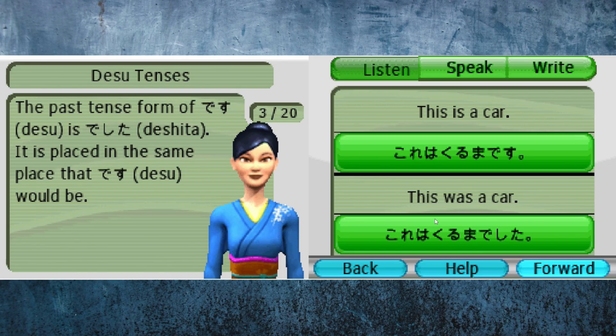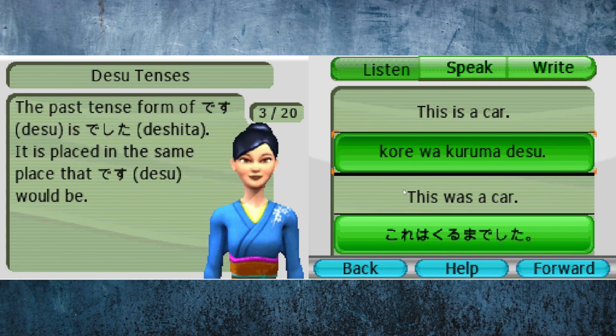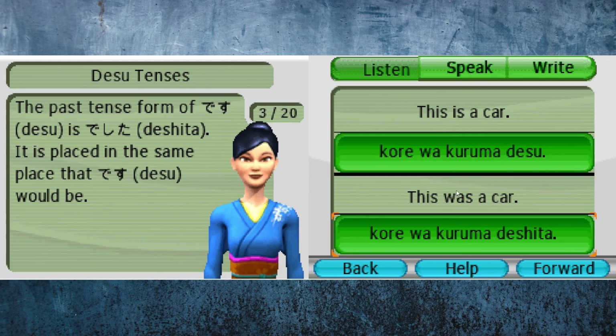This was a car, kore wa kuruma deshita. これは車です。For this is a car. これは車でした。And for this was a car.